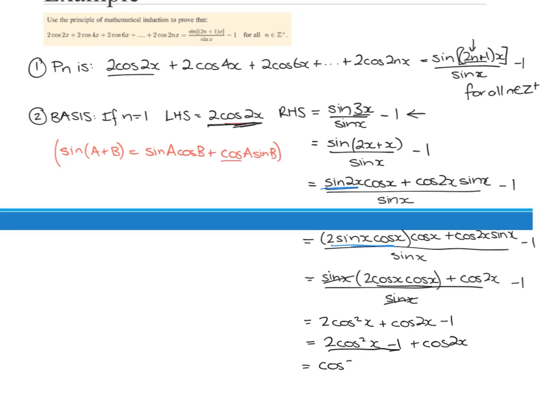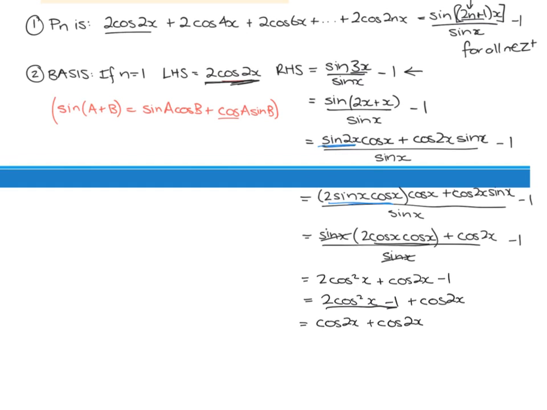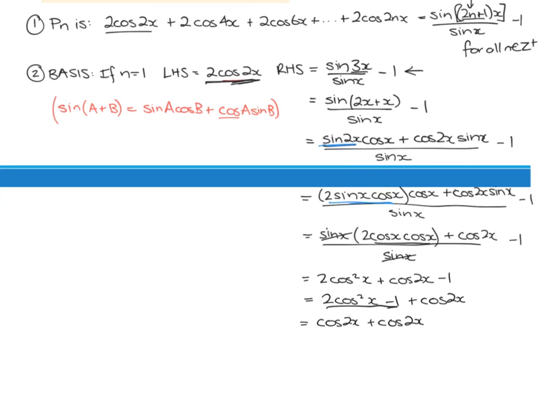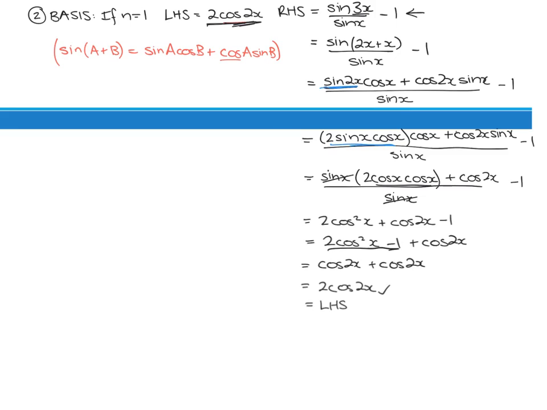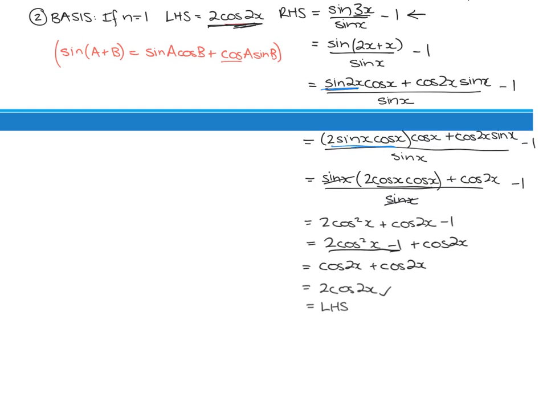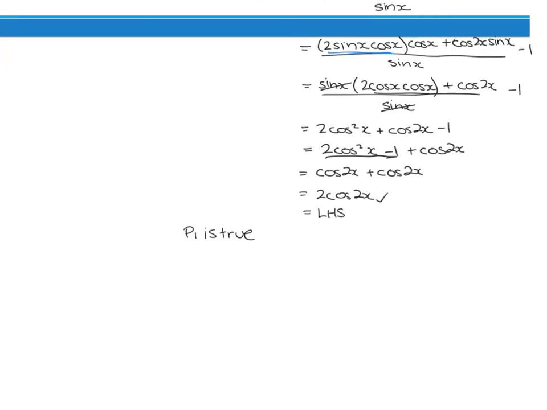We've got cos 2x plus cos 2x, which gives us 2 cos 2x, which is equal to the left-hand side, which was really long. But now we know from there that P(1) is true. So that's definitely the trickiest we've seen in regards to that sort of question, for sure. Now we can get on to the next step.